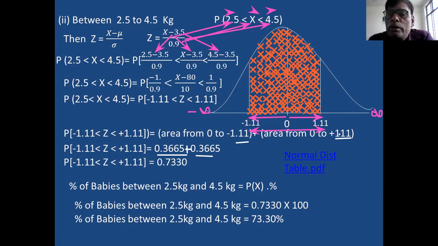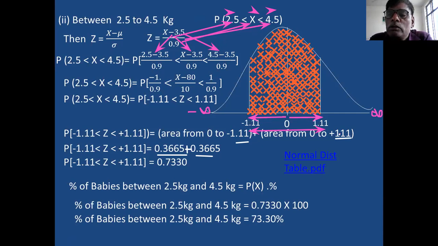And once again I will tell you, if they ask to calculate probability, you directly calculate the probability. After calculating the probability, if they ask to calculate the number, that is the n value, then you multiply n with the probability.